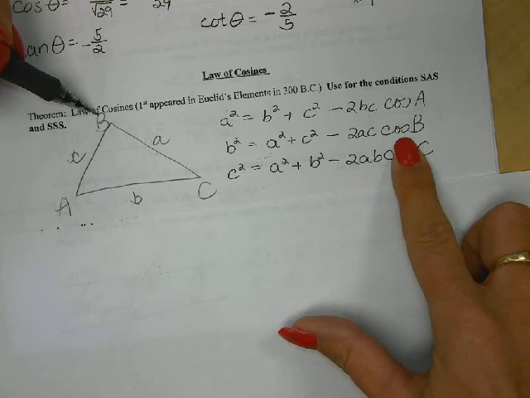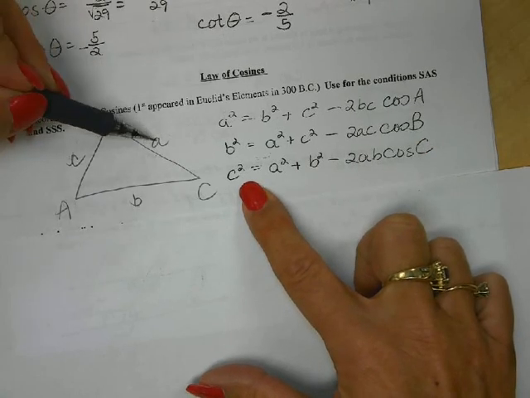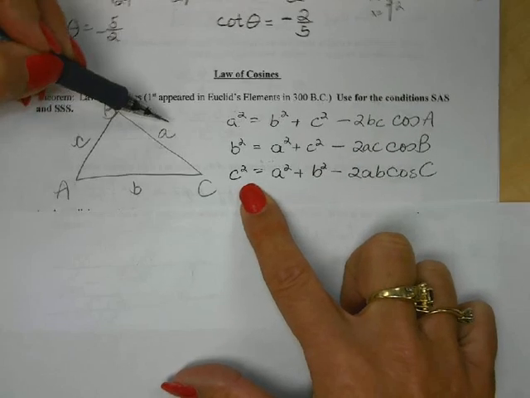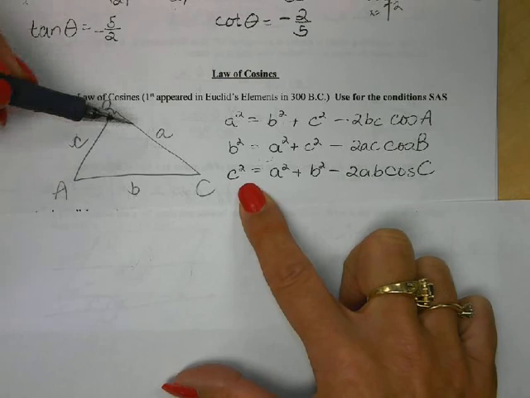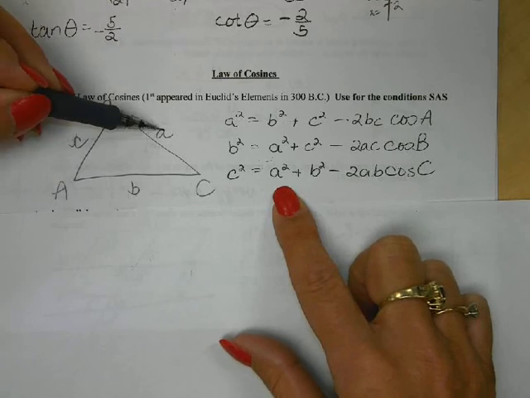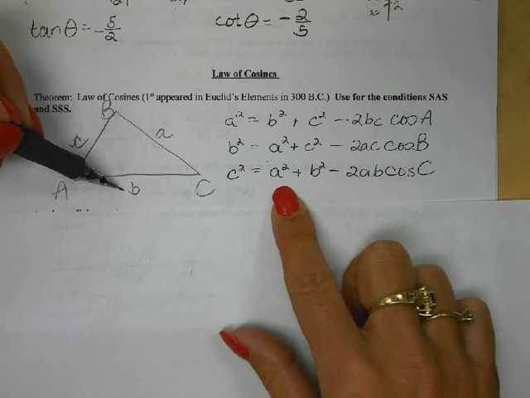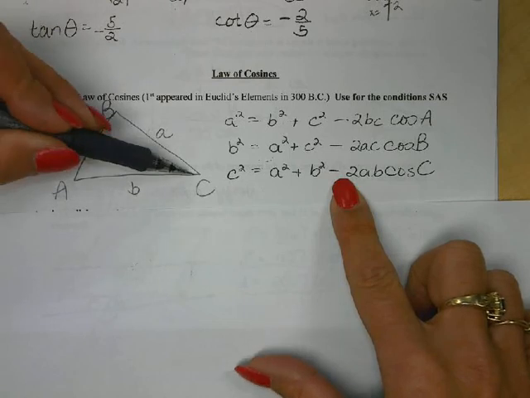And likewise, a third way to write it is if I know this side a and this side b and I know the included angle C, I can determine the side opposite the angle. c squared would equal a squared plus b squared minus 2 times the product of these two sides times the cosine of the included angle.